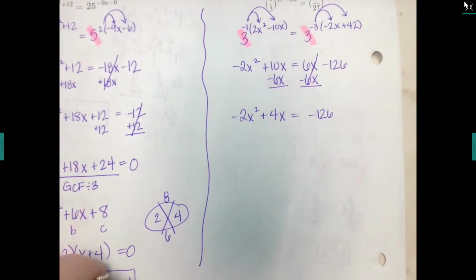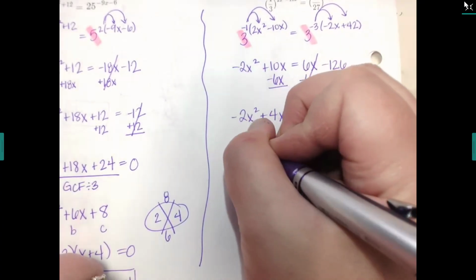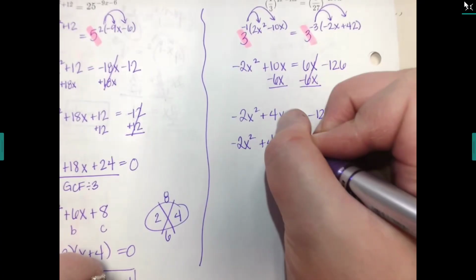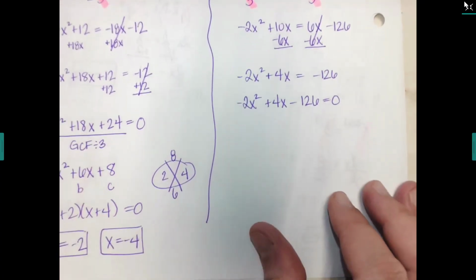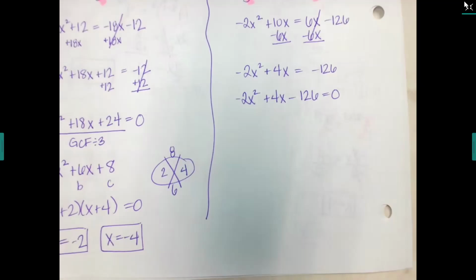Then my minus 126 is also going to have to join everybody else, but when it goes to the other side, what sign will it have? Plus. Plus, because if it was a minus over here, we're going to plus it to get it on that side. So here's what you have. Now, like I said, if I got an x squared, I know I'm going to have to AC chart it.